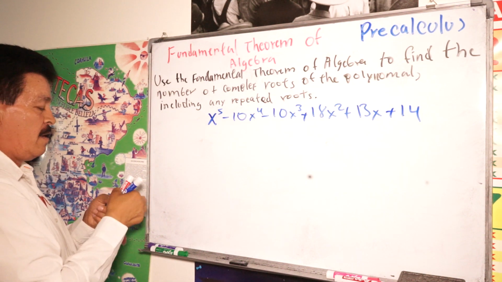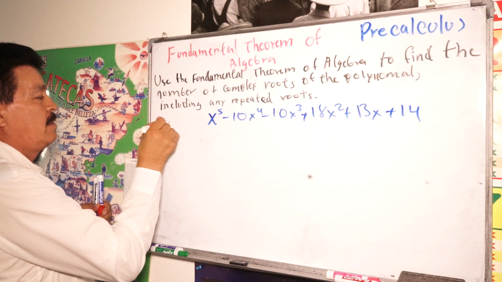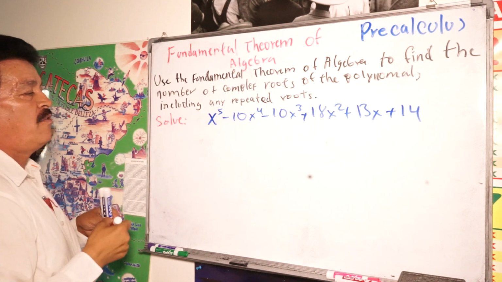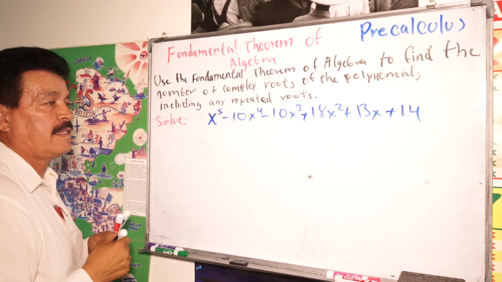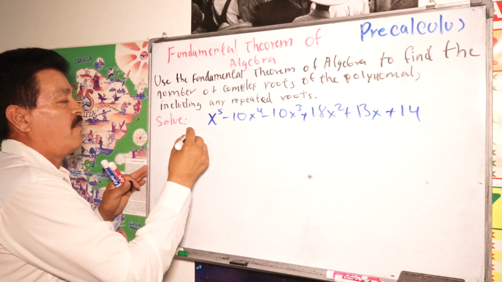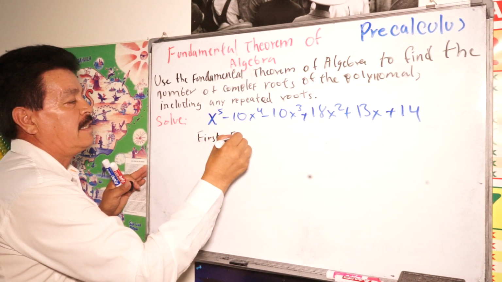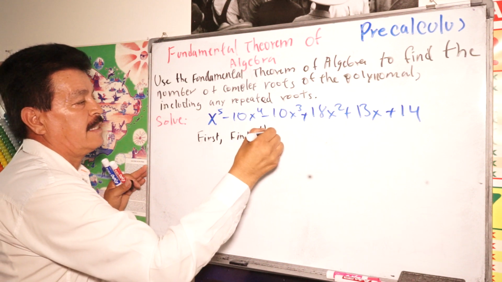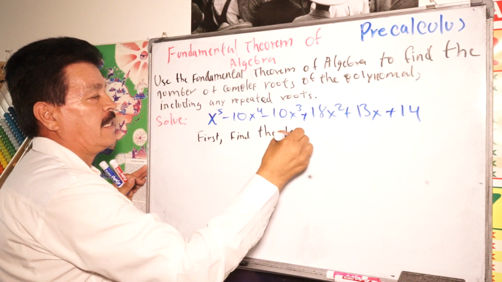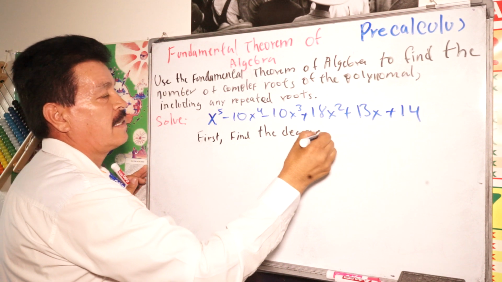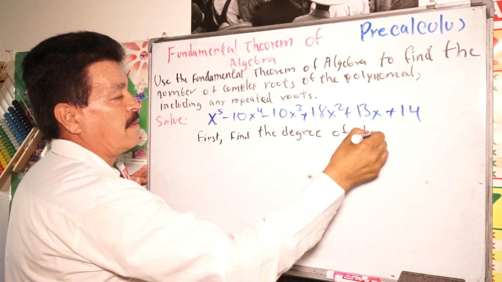So first, we have to find the degree. First, that's the first step: find the degree of the polynomial.